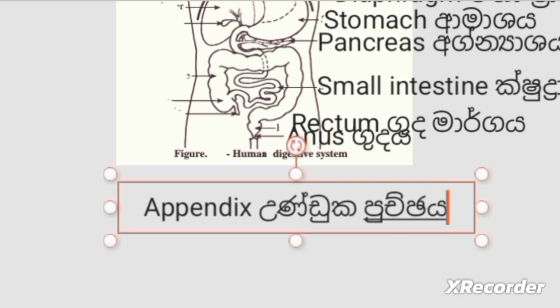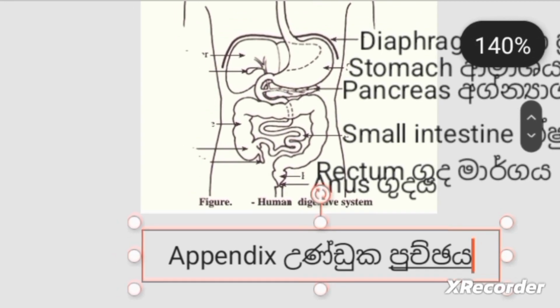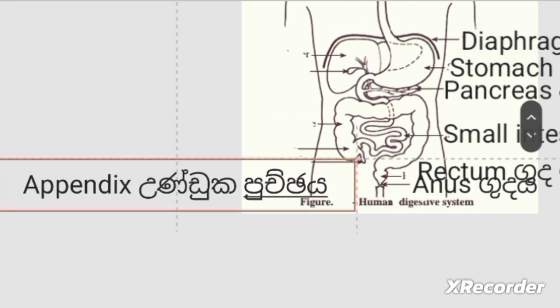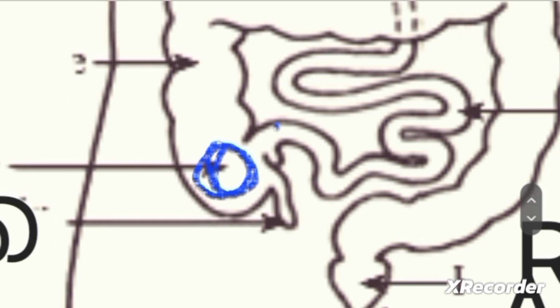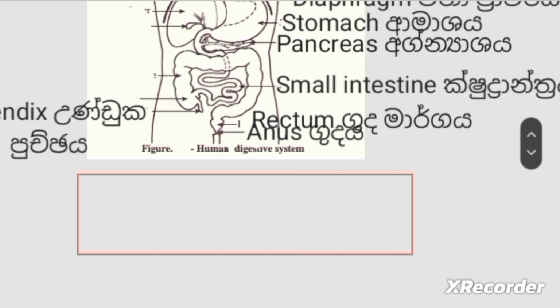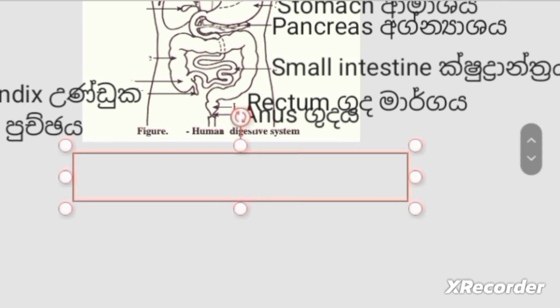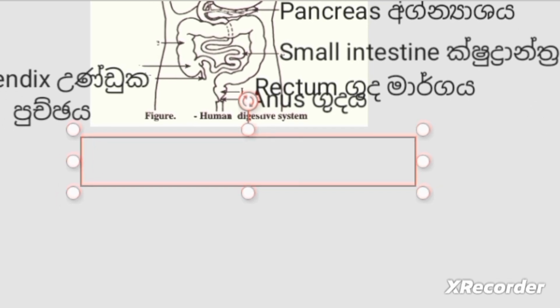So I think you label these with me. This structure we call the cecum. We can label it as cecum. In Sinhala we call it Undukaya.